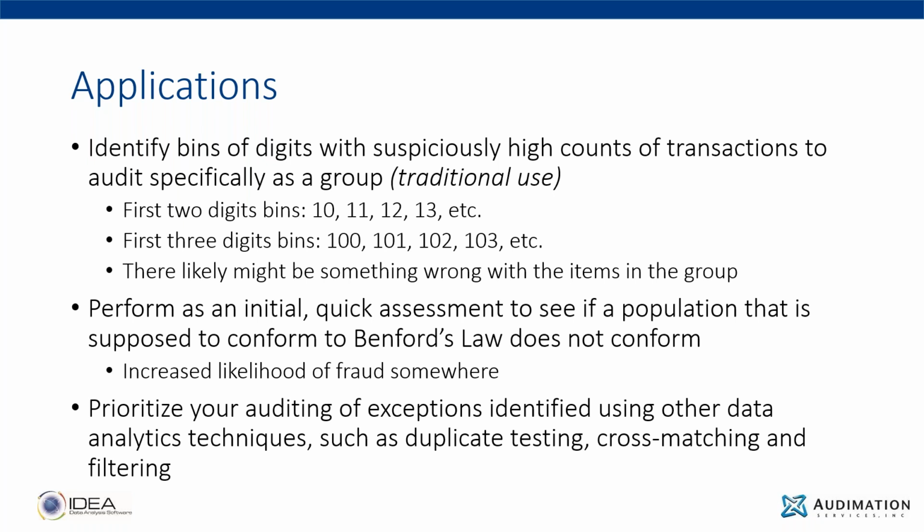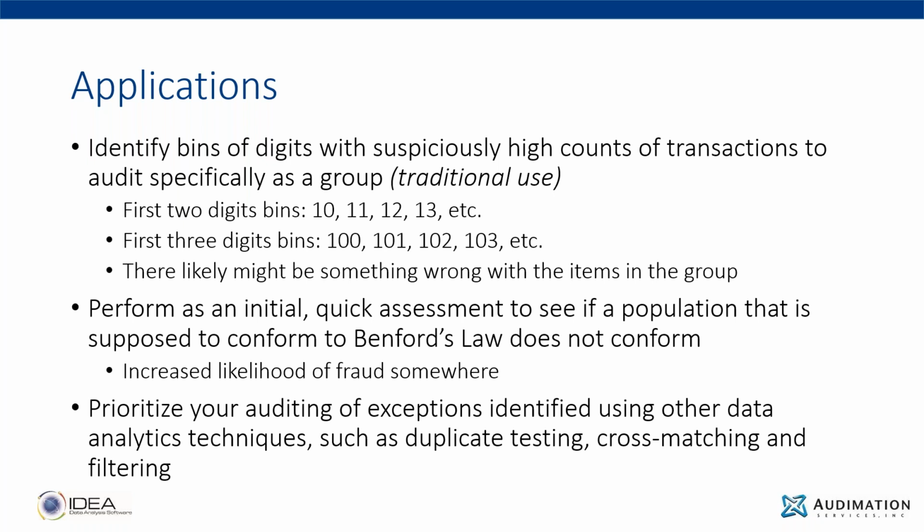Because if it doesn't conform, and it should, there's an increased likelihood of fraud somewhere. You can use this to do a general prioritization of your work, as sort of like a health check, if you will, where you can say, okay, we have goods receipt, inventory, we have procurement invoices.